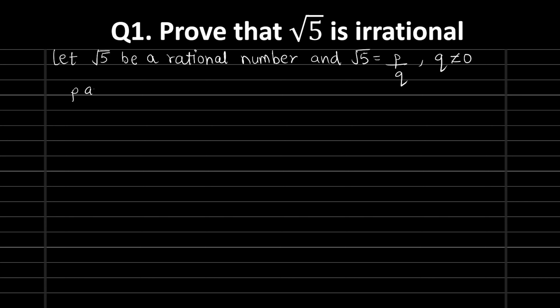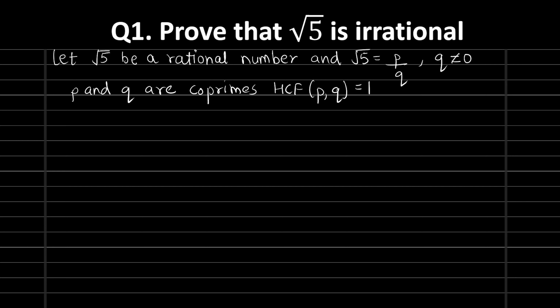Also, the conditions are p and q are coprimes, which means the highest common factor, the HCF of p and q, is equal to 1. This is what we have assumed.